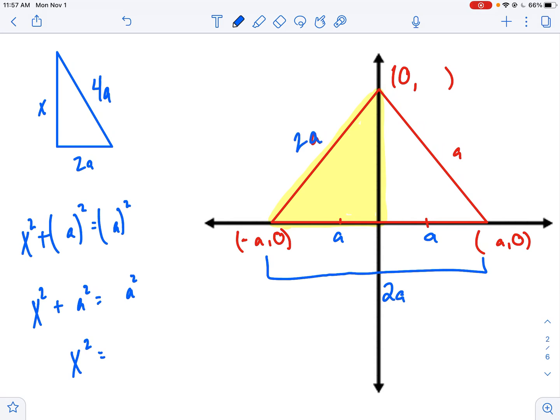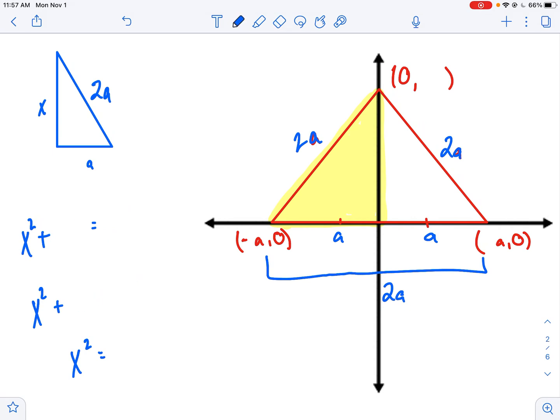So this would be 2a, and this would be 2a. So then I would have a and 2a, and I still need to find that height. So how do I find that?